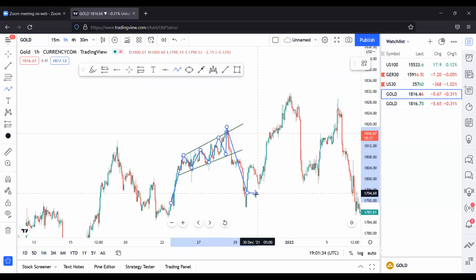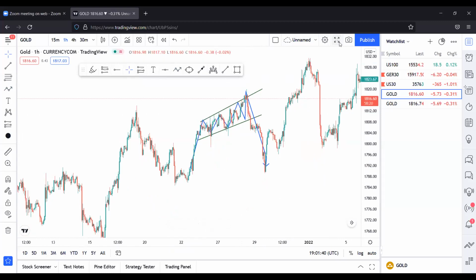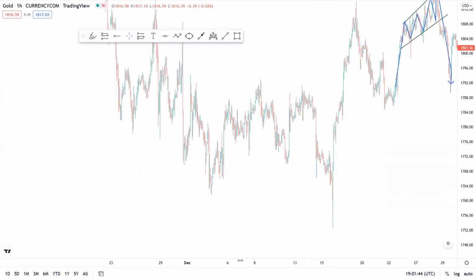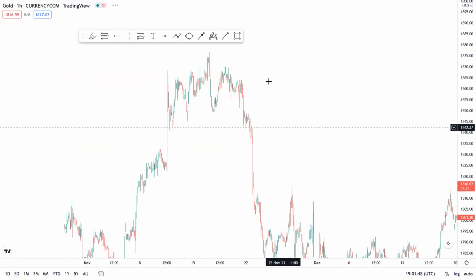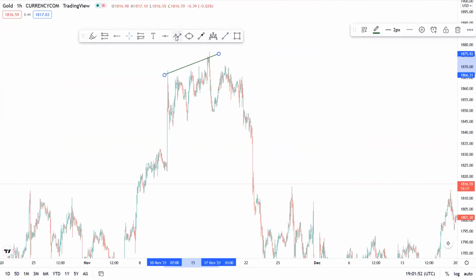This is what I like about the market, trust me. Same story even here.